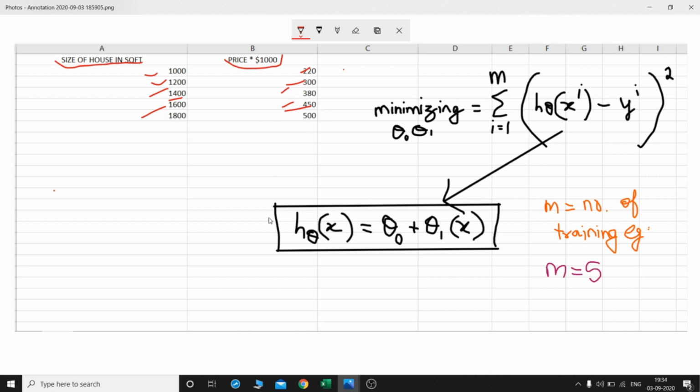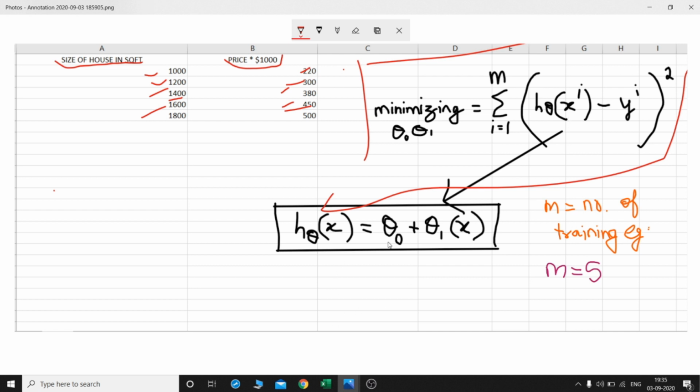Before going to the squared error function or the cost function, this one, I'll tell you about h theta of x. So h theta of x is basically called the hypothesis, and this hypothesis is one of the variables in the squared error function.